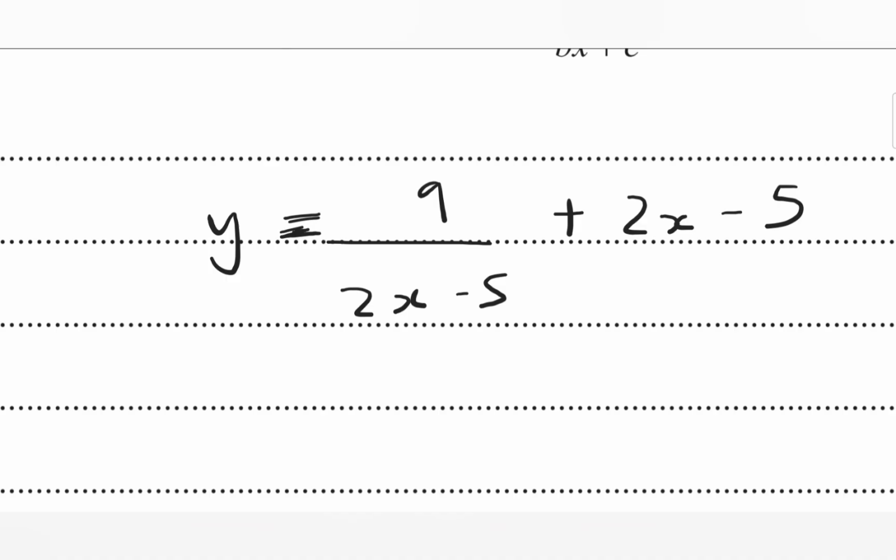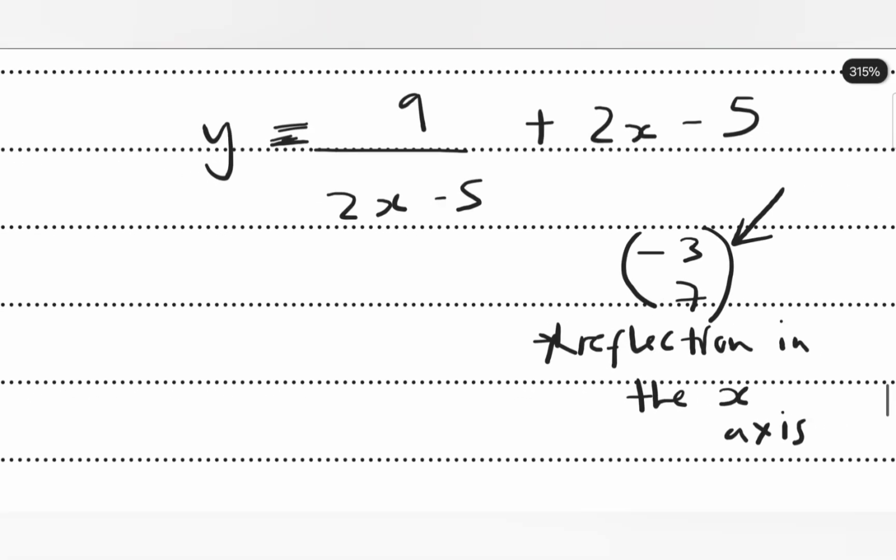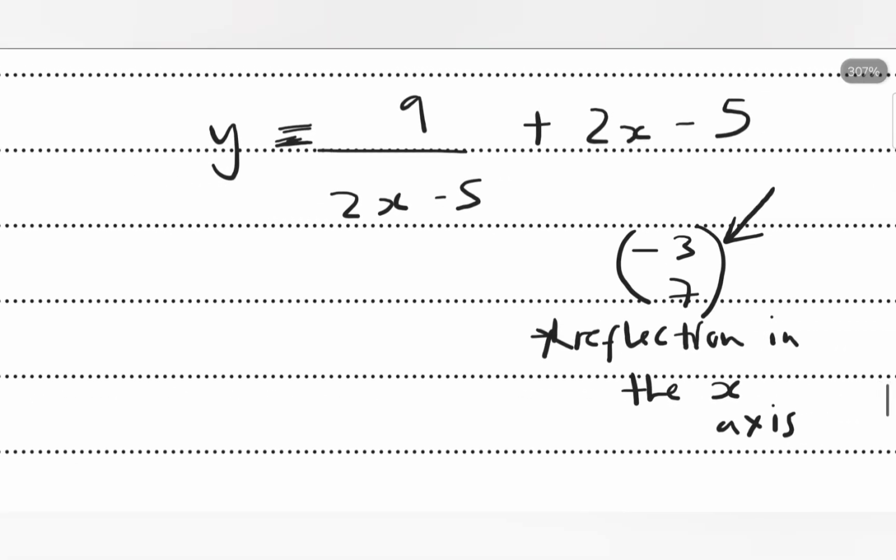And we know we're going to apply the transformations minus 3, 7, and the reflection in the x-axis. So we're going to apply this transformation first, minus 3. Applying this, we get y equals 9 over 2x.